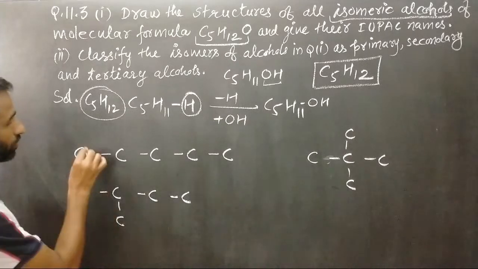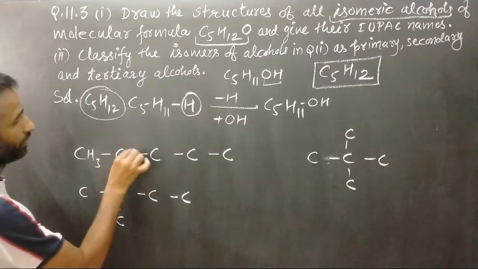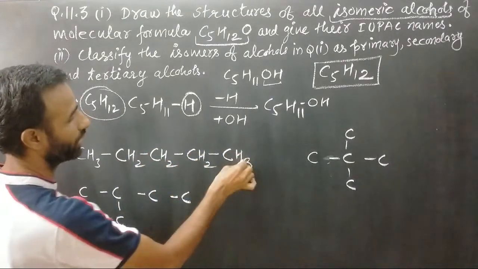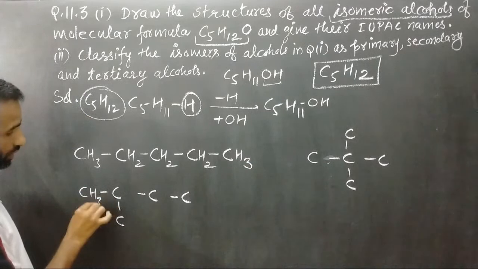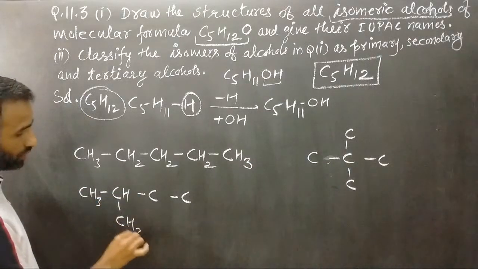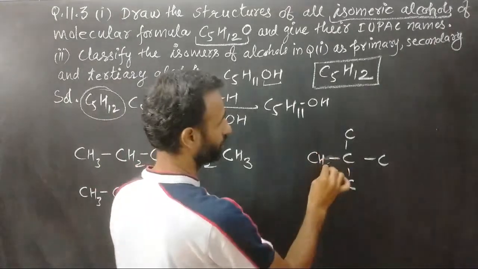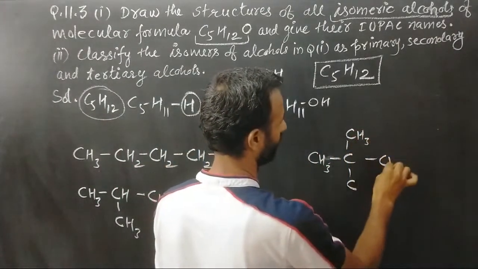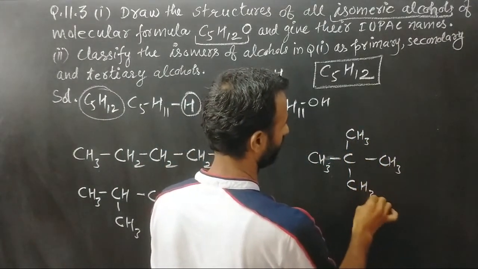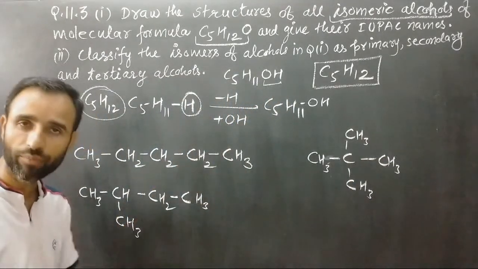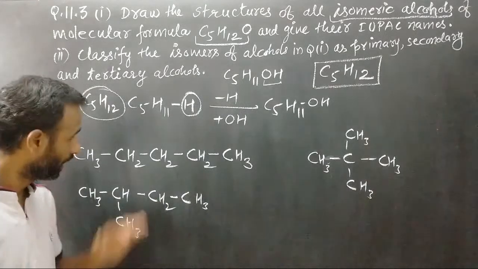So see, CH3, CH2, CH2, CH2, CH3. Here CH3, CH, CH3, CH2, CH3, and CH3, CH3, CH3 and CH3. Right? So these are 3 pentanes.